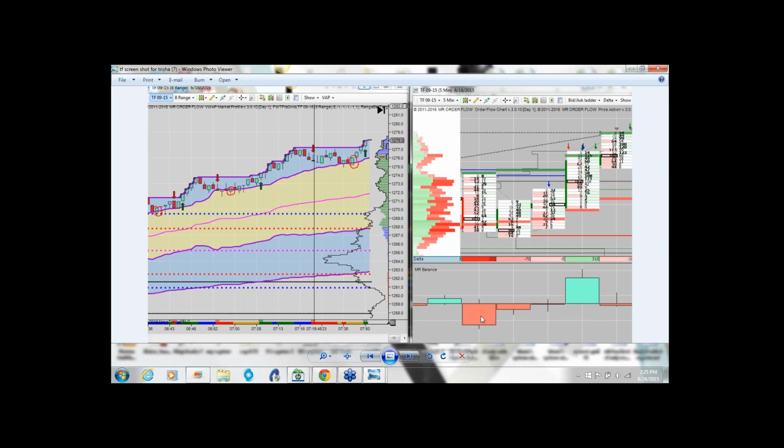I see strong red, and then it's weaker, and then it's neutral, and then we have this solid green, and it just makes it very easy. Maria's tools make it very easy to analyze.